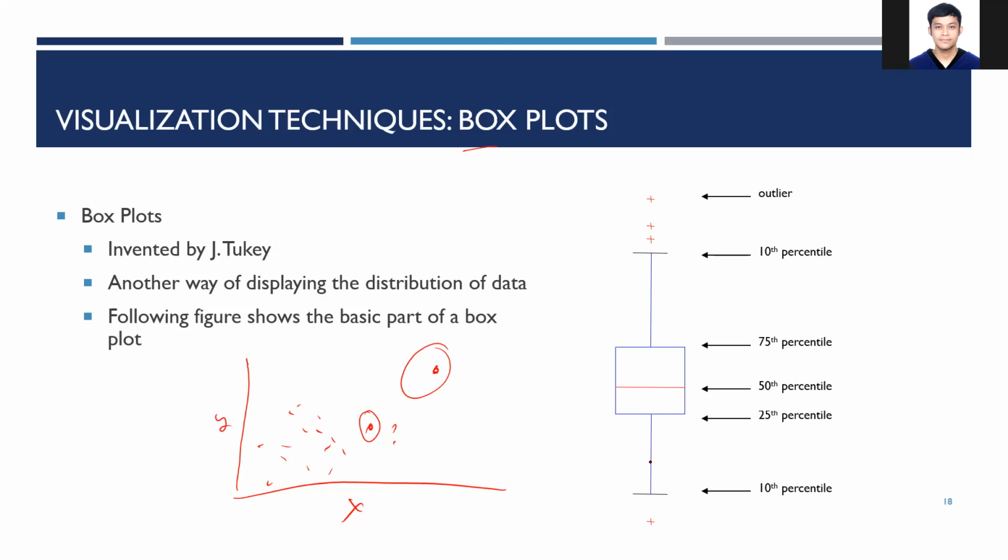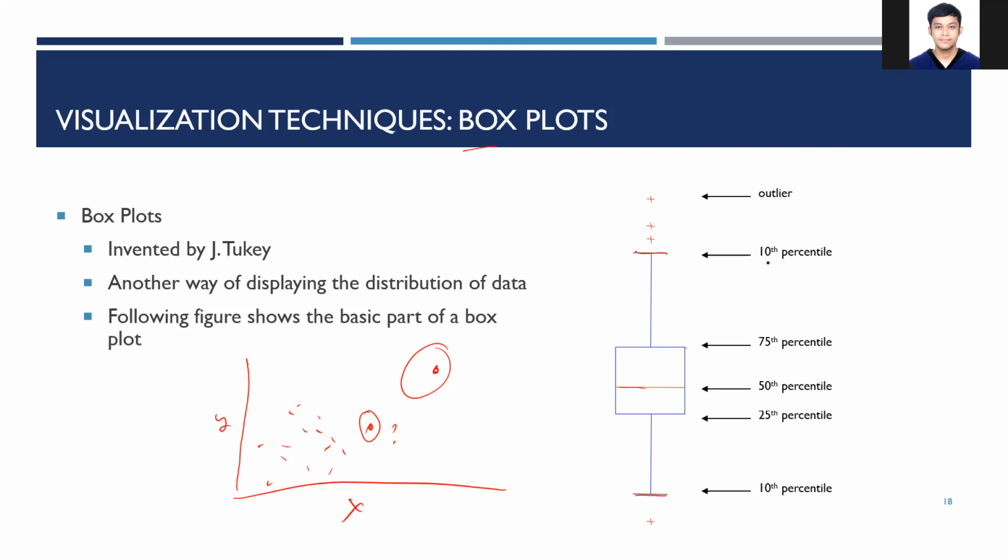So for outliers, we can utilize a box plot to identify which one is the outlier. This is, for example, the box plot. A box plot will give us information. For example, this is where most of the data is. This is the 50th percentile of the data. This is the 75th and 25th percentile. And we have this one and this one, let's say the upper bound and lower bound.